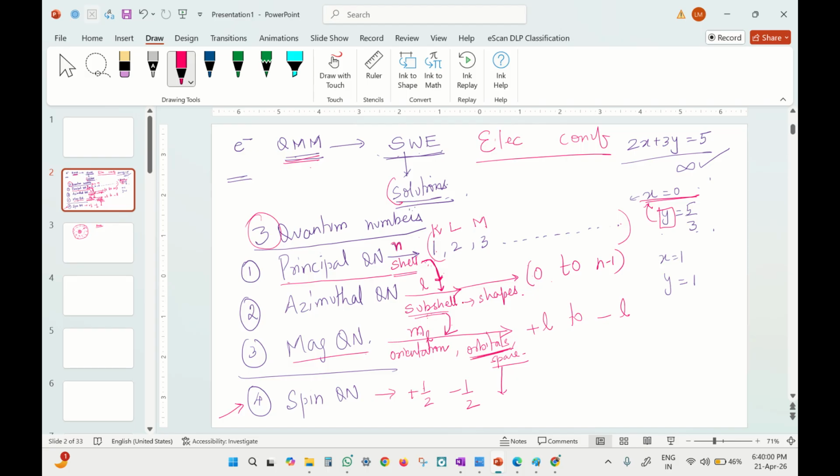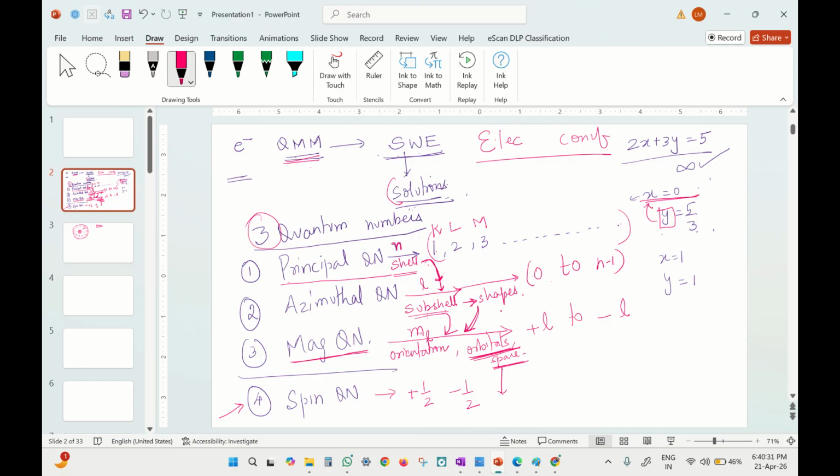These subshells have peculiar shapes. These shapes have different orientations. The number of orientations is indicated by the magnetic quantum number. These orientations are also called orbitals. What is an orbital? In a crude way, it is a space, a region, an enclosure. That space or orbital can have a maximum of only 2 electrons.